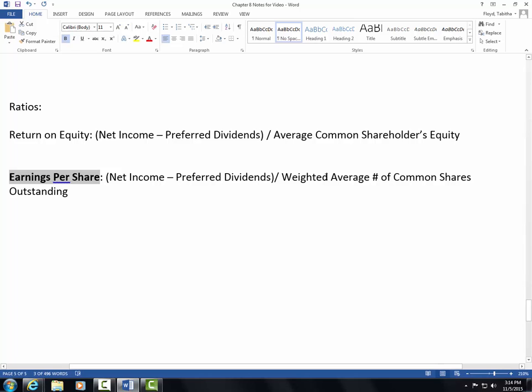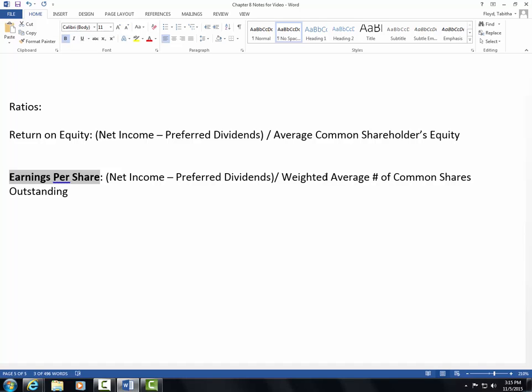Just because net income is increasing doesn't necessarily mean that your investment is better, because net income could be diluted if the company issued a whole bunch more common shares. Your portion of the net income would be spread out over more shareholders.